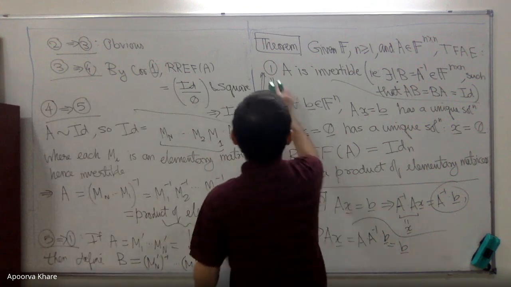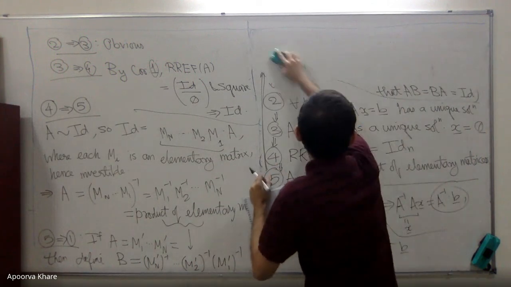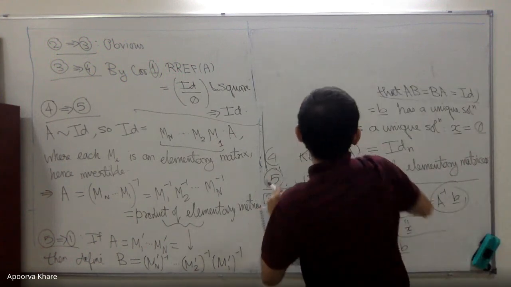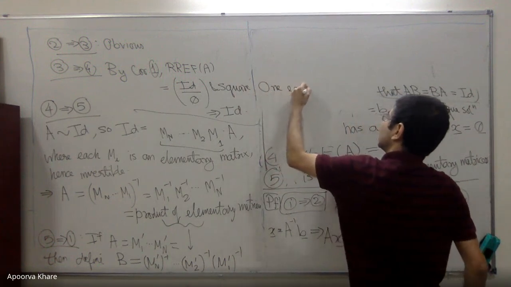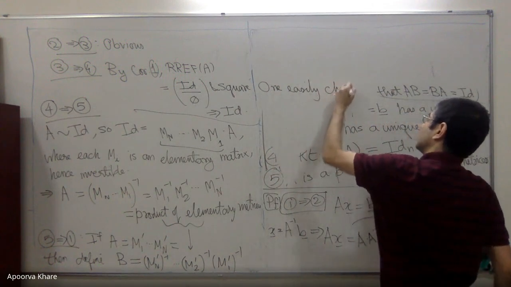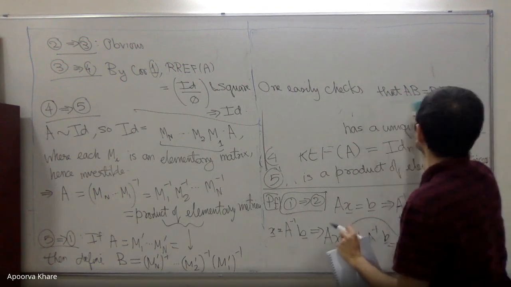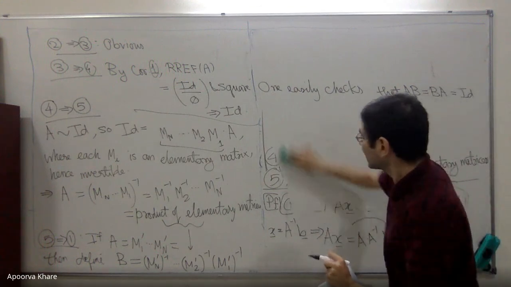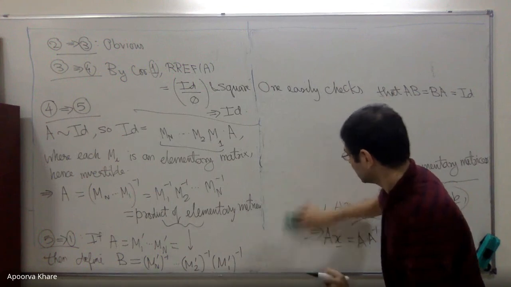It is trivial to verify. One easily checks that A times B and B times A is identity, and that means that A is invertible. The fact that such a matrix B exists means that A is invertible.